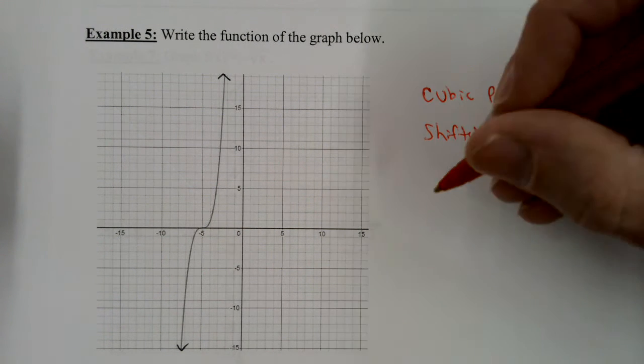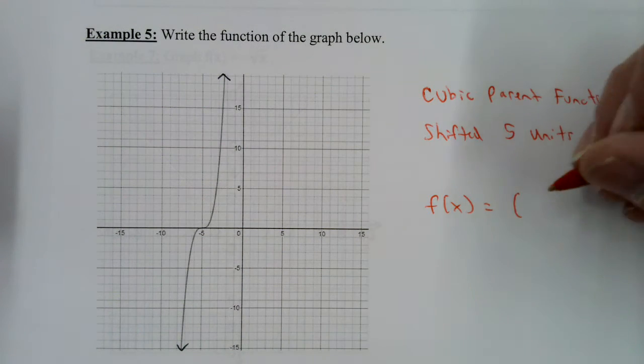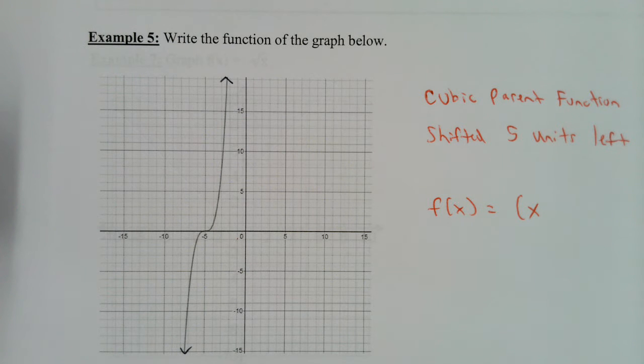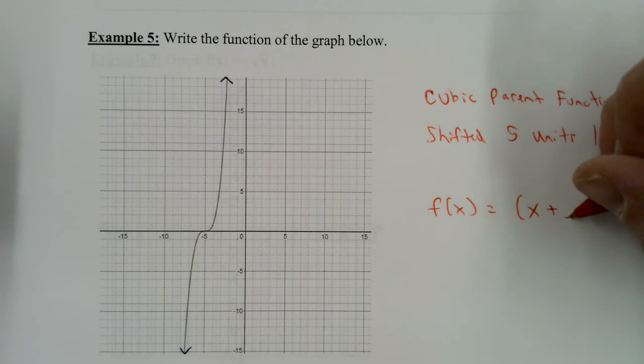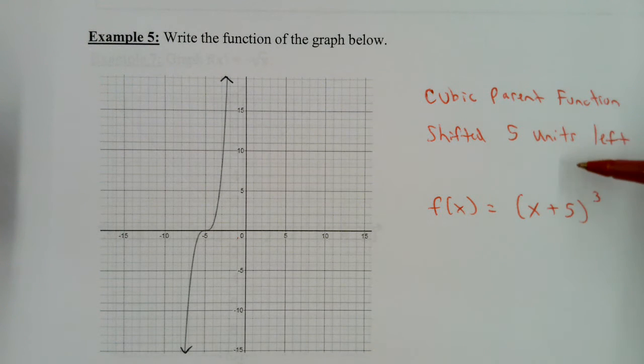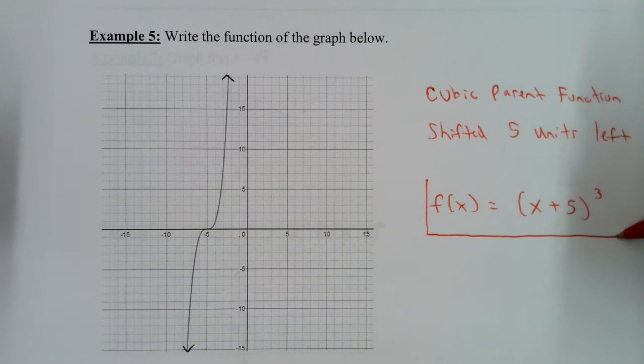So the way I'm going to write that is, you would think going to the left means you're going to do minus, but it's actually plus. So I'm going to say plus 5, and that's going to be cubed. If it's left or right, usually that comes in here. Think back to the first page of notes. Look back at that if you're not clear on that. But that's my answer.